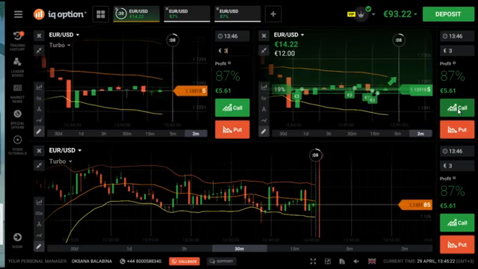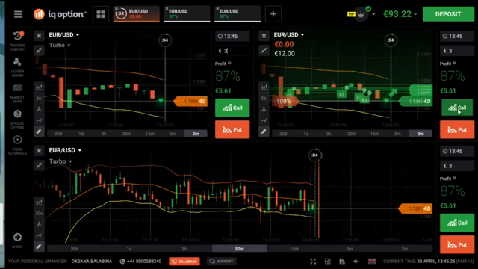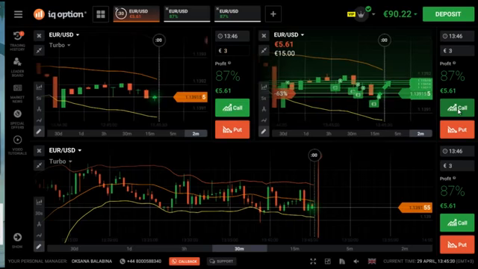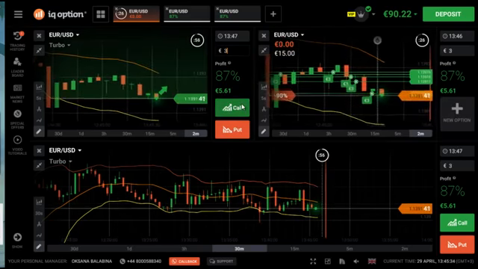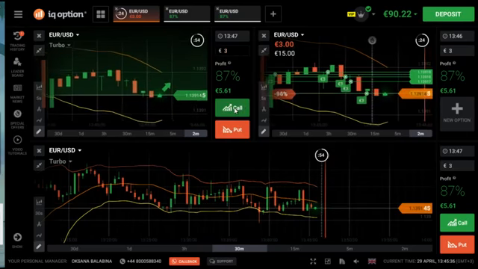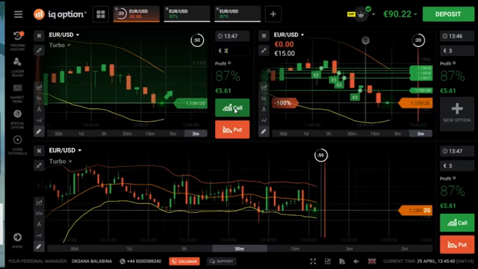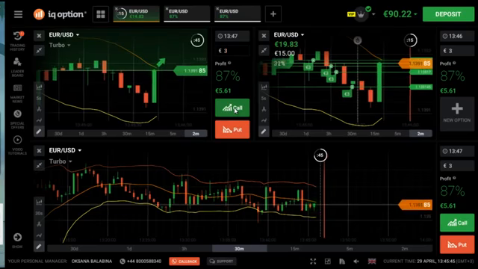And what I'm doing is the top windows magnified 5-second chart, so you're just looking at the tip of the candles more accurately.